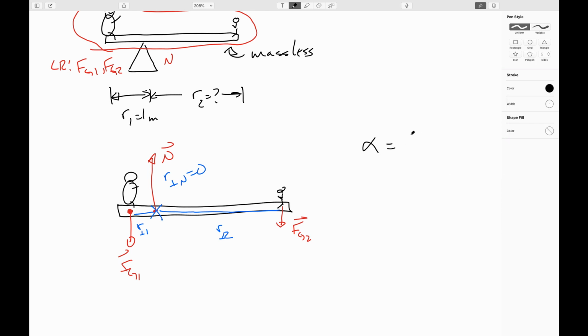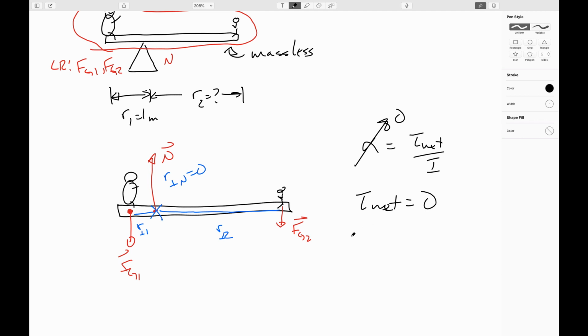The angular acceleration is equal to the net torque over the moment of inertia. Now in this case, the angular acceleration is 0, so we can put that in right away. So we can then go ahead and multiply both sides by the moment of inertia and get that the net torque is 0, which is good because now we don't even have to calculate the moment of inertia in this particular case.